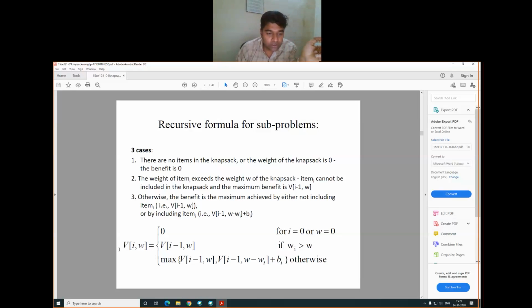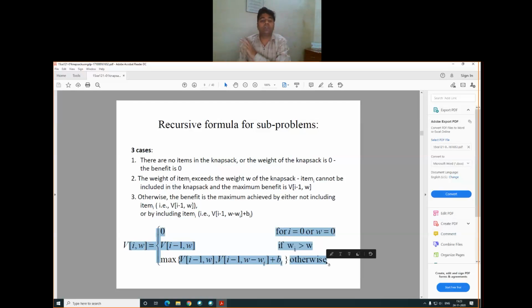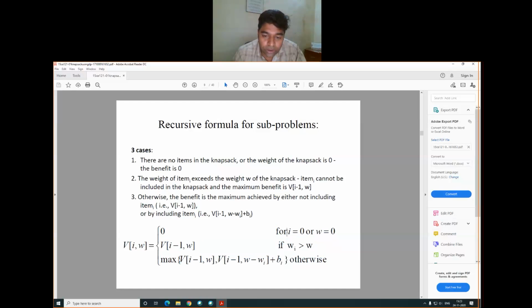Okay, so these are the three cases we have, and they are represented mathematically using this formula in conditional form. V of I, W is equal to 0 when I equals 0 or W equals 0. Second, V of I, W is equal to V of I minus 1, W if W of I is greater than W. Always keep this written down, because in the algorithm we will use these three conditions.